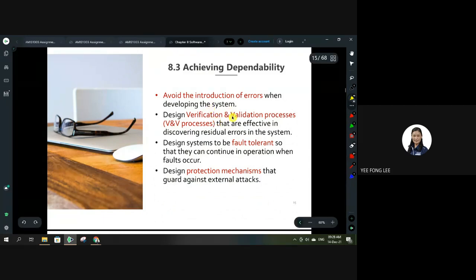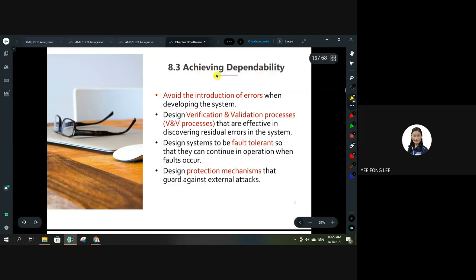A system may be unreliable because of data corrupted by an external attack, like our example just now of the relationship between reliability and security. Let's say a denial of service, another example of a security attack, might cause the system to be unavailable. So how to achieve dependability?